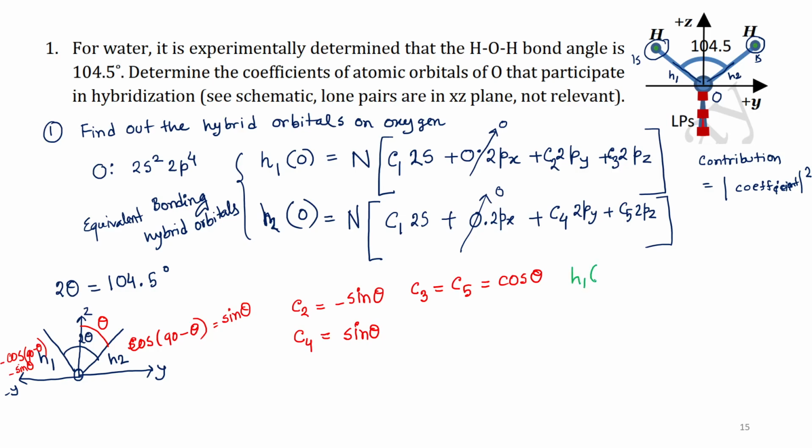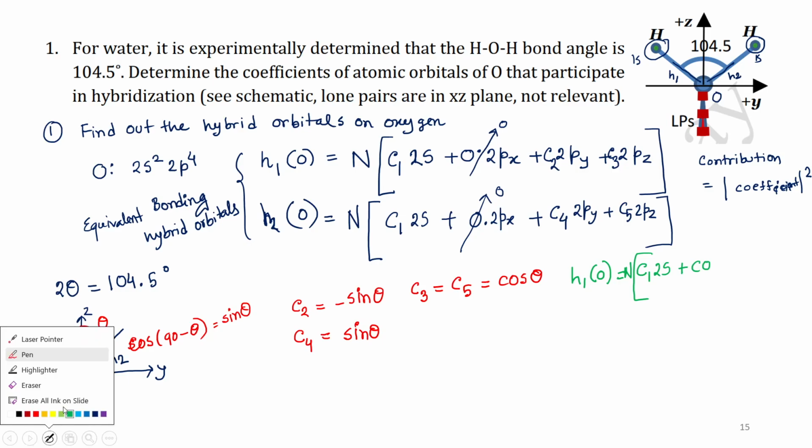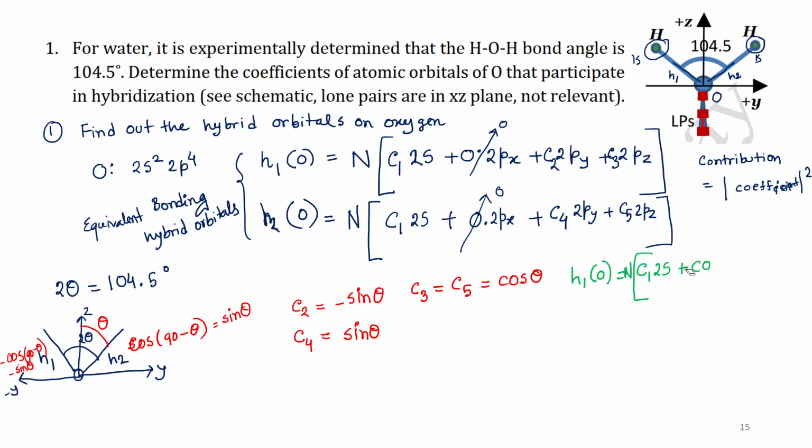So H1 on oxygen is the normalization constant times C1 2s, plus minus sine theta 2py, plus cos theta 2pz.